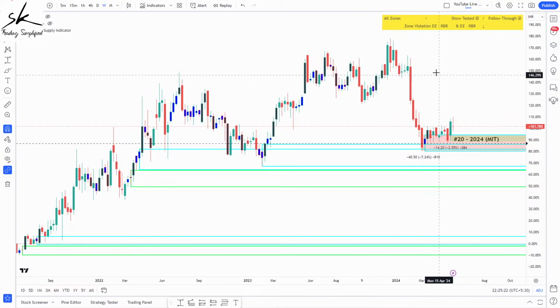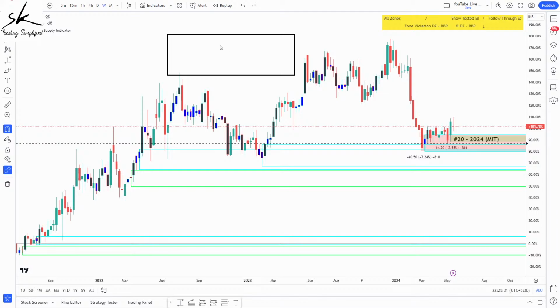But remember, when I was talking about how we check cases of level on top of level, I said that you have an intermediate time frame zone and the same intermediate time frame zone divides into multiple zones. If the same zone is dividing into multiple zones, that is what a coinciding level is. The same zone should also be part of my intermediate time frame zone. But here you can see my intermediate time frame zone is coming from different candles and this zone is coming from different candles.